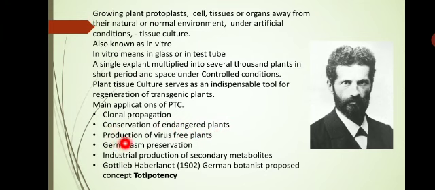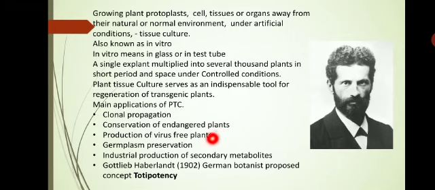The next one is production of virus-free plants. For example, viruses cannot multiply in the meristem, especially the tip of the plant or the tip of the shoot. The virus cannot survive in the tip portion, so it can be free from virus.